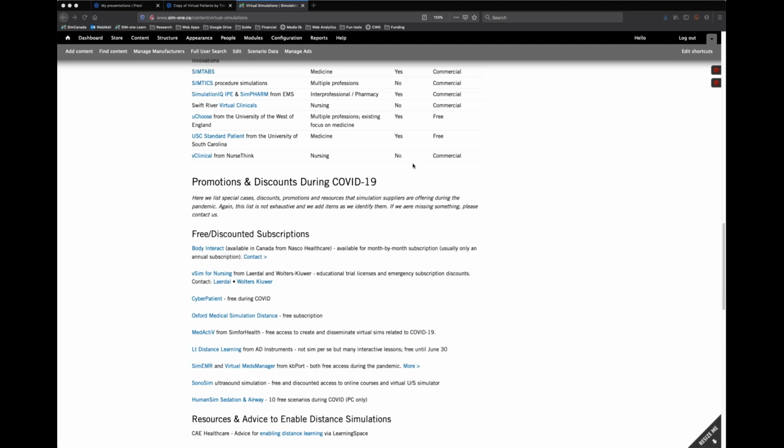I'd like Simulation Canada to play a role in helping everyone make that transition, identify best practices where they exist, share resources when possible, because there's a lot of upfront development work that goes into these programs, and the more we can share learning, the more we can share resources, the more we'll all benefit.